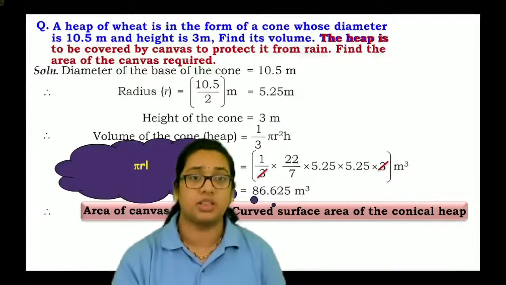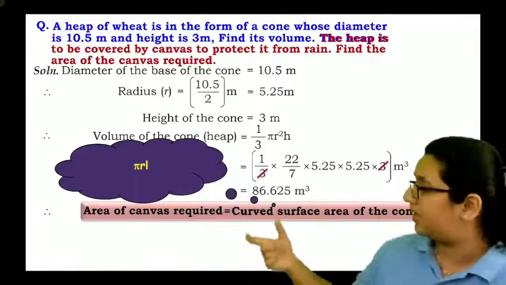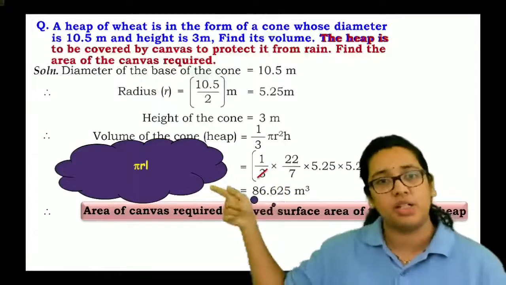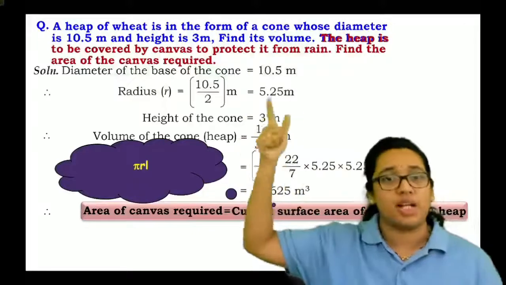And for that curved surface area, your formula is pi into r into l. We have only the values of r and h.